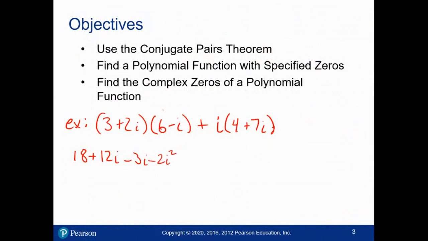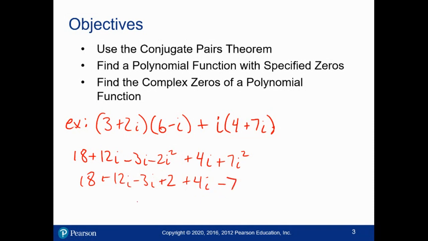That was just foiling out that first product. If I distribute the i to the second thing, we get plus 4i plus 7i squared. Now I just remember that i squared is -1. So 18 plus 12i minus 3i plus 2, because the i squared becomes -1, plus 4i minus 7.